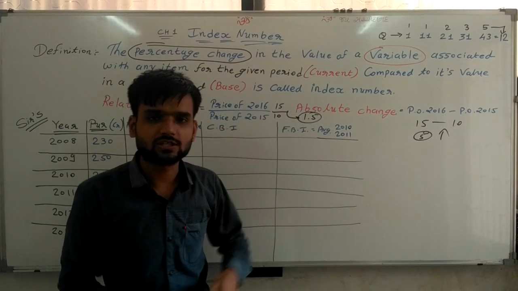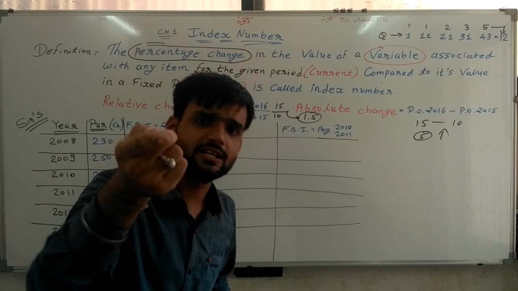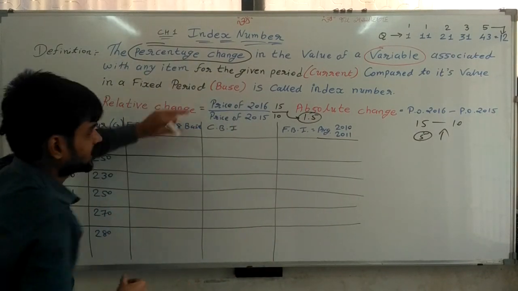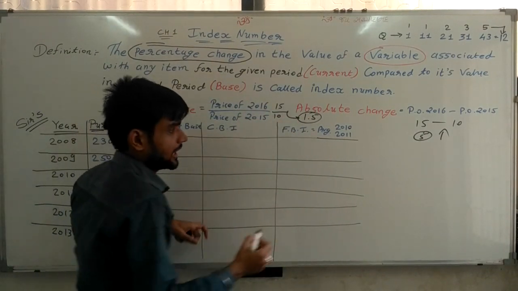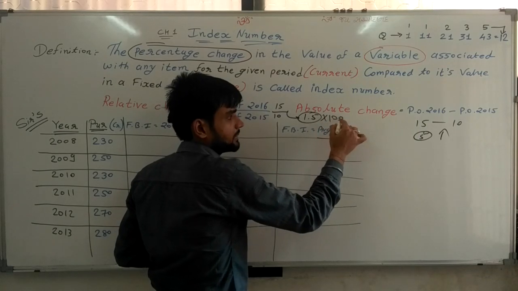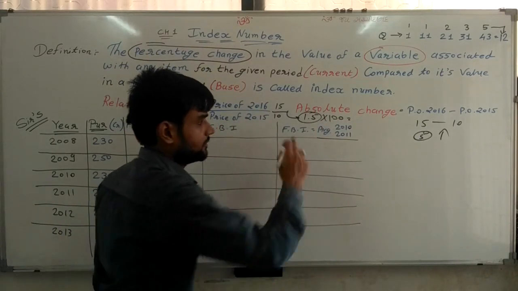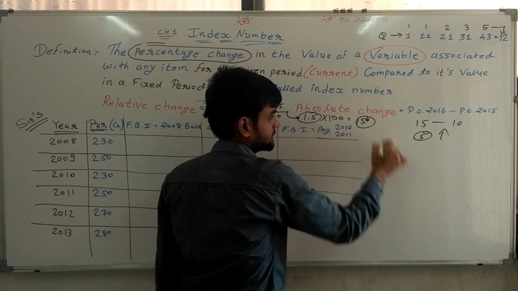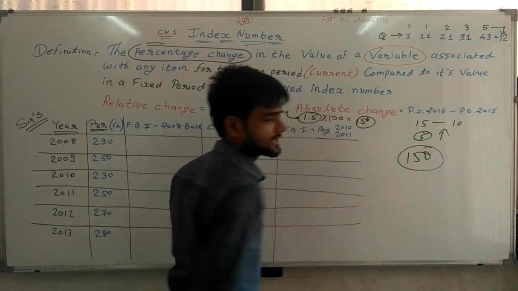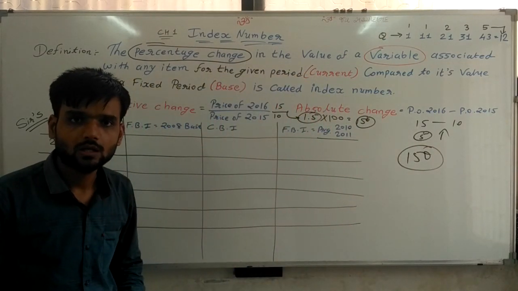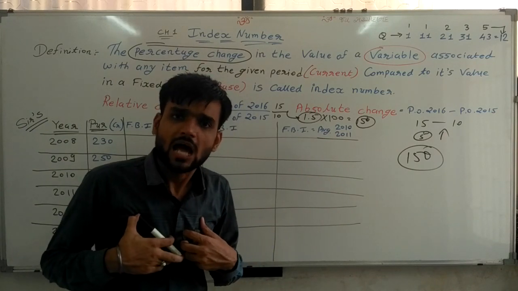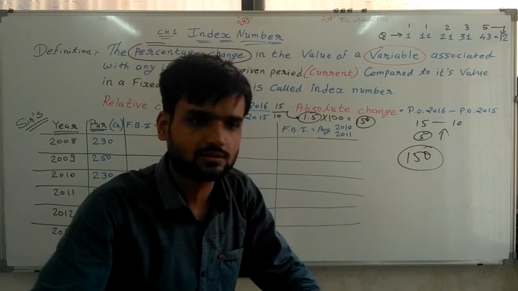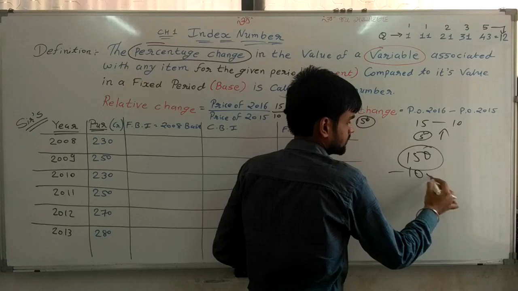So this is relative change. And if we need to find the percentage, multiply it by 100. We are getting 150. So suppose 150 is the answer. If I need to understand how many percent the increase is, deduct 100.